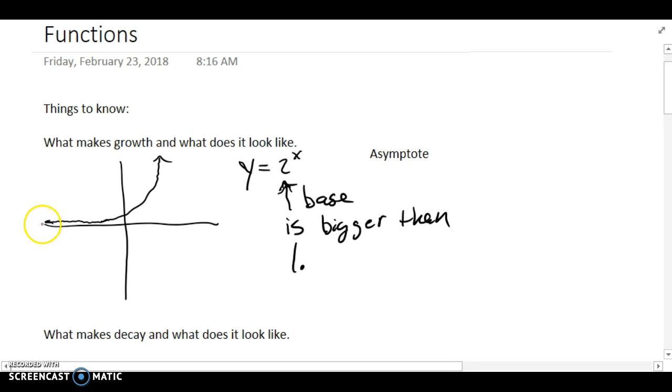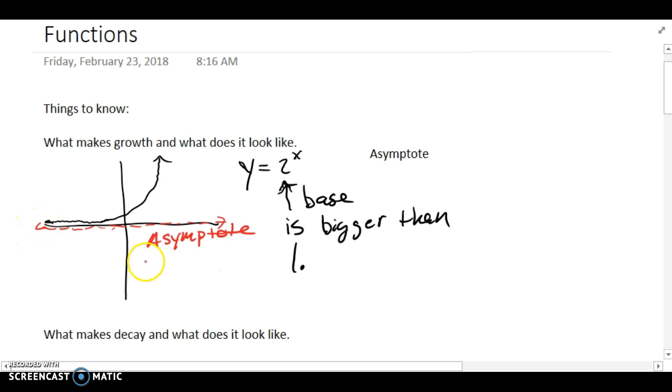Another thing is that we always have an asymptote, meaning that right here on the x-axis is called an asymptote. Okay, so with this shape of the graph, an asymptote stops the graph from going down. So as it approaches this asymptote, instead of going down, it ends up just going kind of to the left forever.